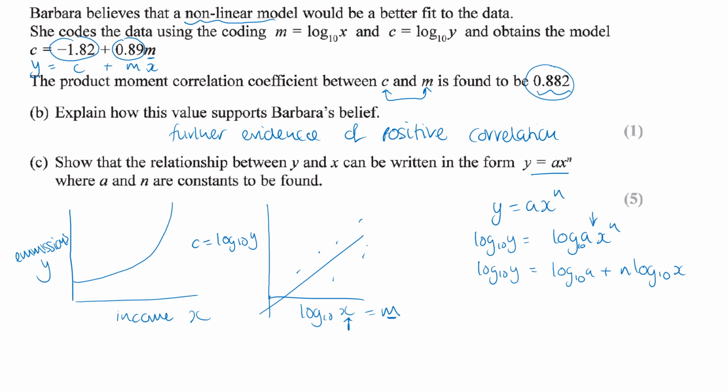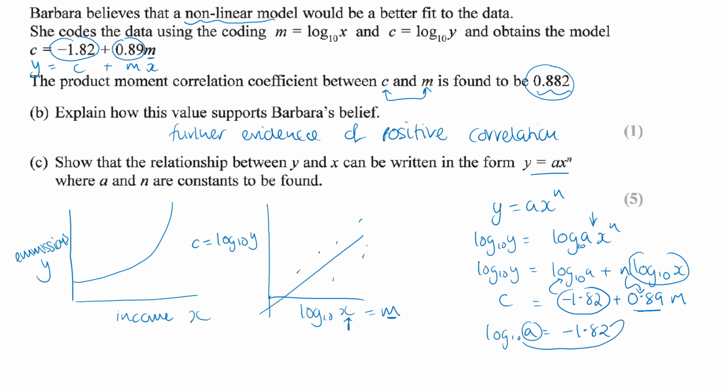And now we can see this is c is equal to our minus 1.82 plus our 0.89 m. Now that m is the variable, so this n is equal to our gradient, and the y-axis intercept is equal to log to base 10 of a. So log to base 10 of a is equal to minus 1.82. So using our log laws, 10 to that minus 1.82 must be a.